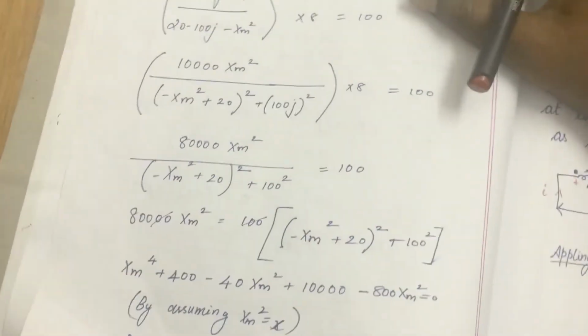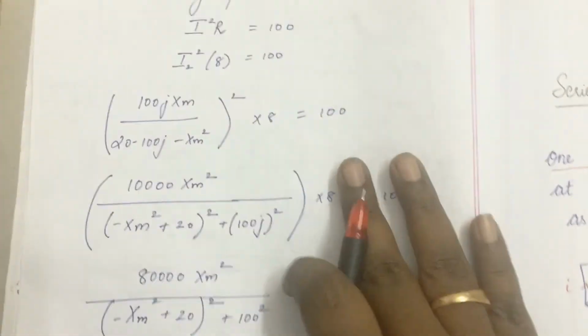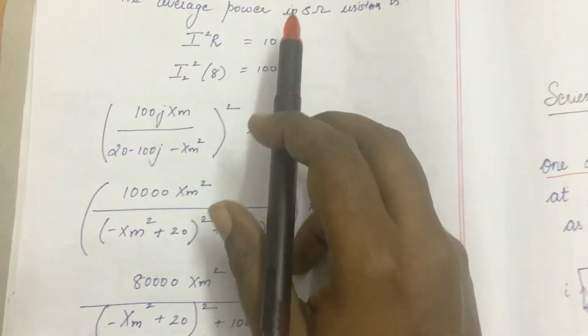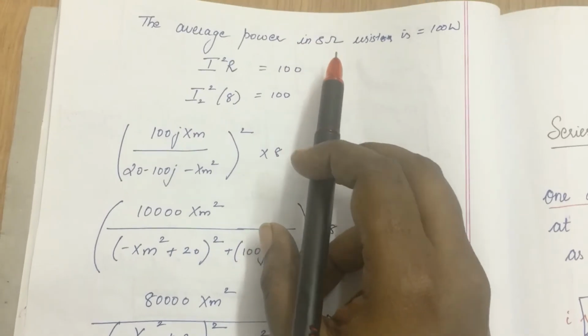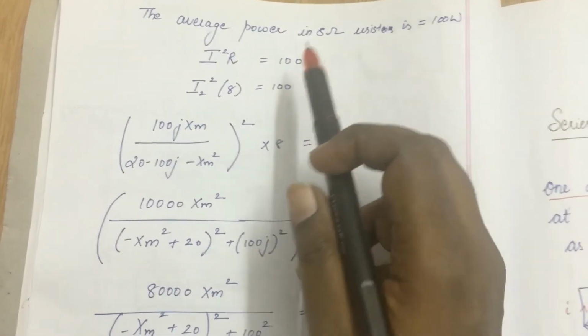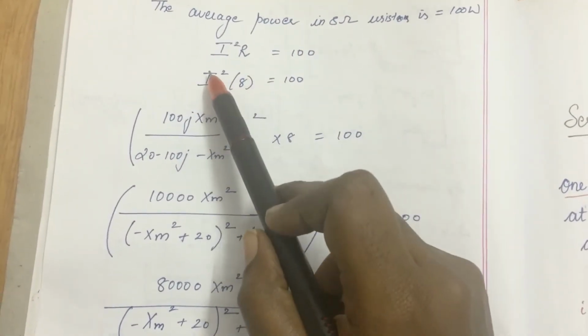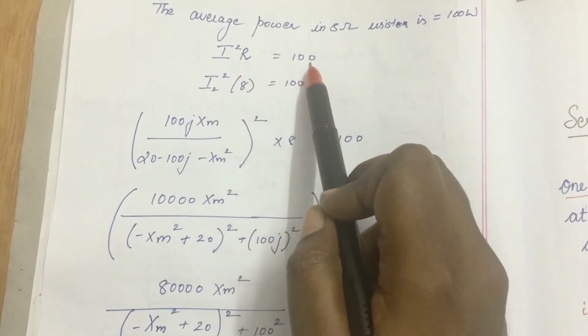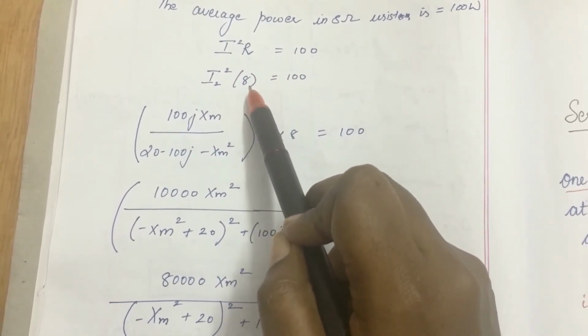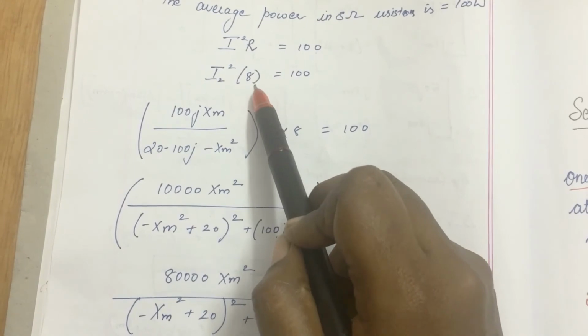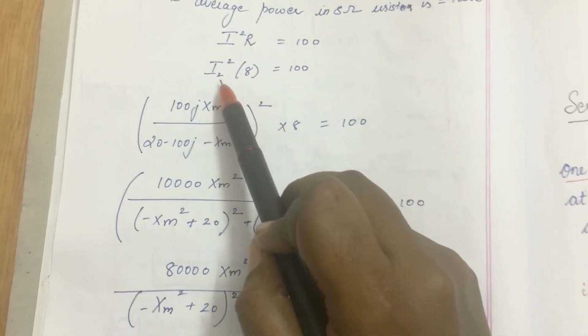Having got both currents I1 and I2, now, as the question statement says, the average power in the 8 ohm resistor is 100 watts. The formula for power is I square R equals 100 watts. For the 8 ohm resistor, the value is 8, and the current through that 8 ohm resistor is I2.